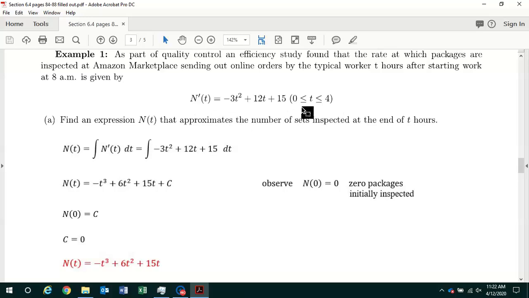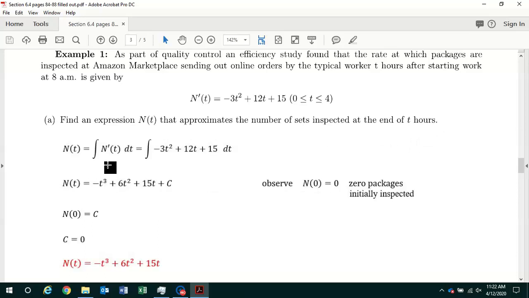So t equals 0 corresponds to 8 a.m., t equals 4 would correspond to 12 noon. In part A, you're asked to find an expression N of t that approximates the number of sets inspected at the end of t hours.